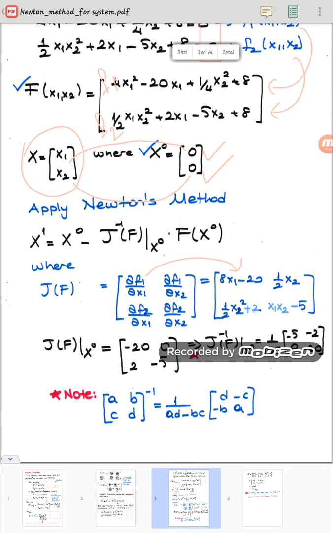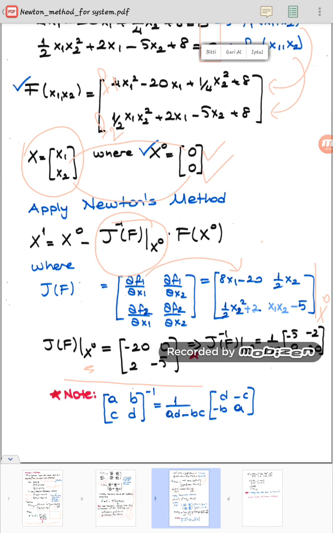Okay, from now on you will substitute the 0th point. The 0th point is what? It is actually 0 and 0. So you take x1 as 0 and x2 as 0 respectively. By taking them, I'm getting the Jacobian matrix at that point. It gives me minus 20, 0 and 2, minus 5. So we should obtain the inverse formalization.